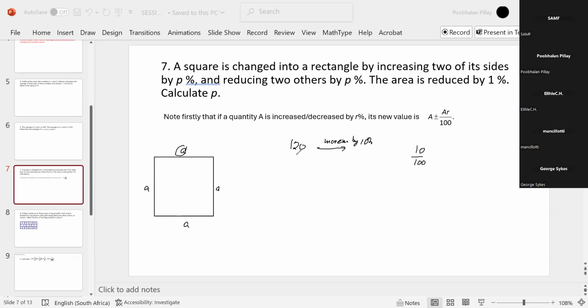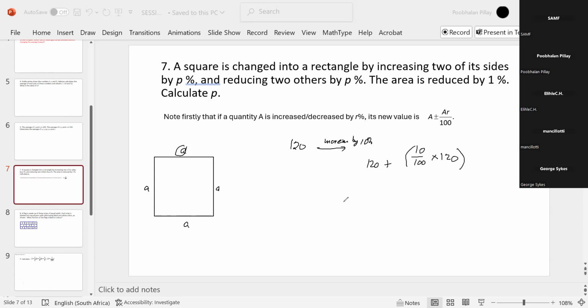Then you work out 10% of 120, and that is your actual increase. But the new answer is 120 plus that amount, because the 120 has been increased by it. So the idea is you take your original and you add it to 10% of the original. And that is your new answer.